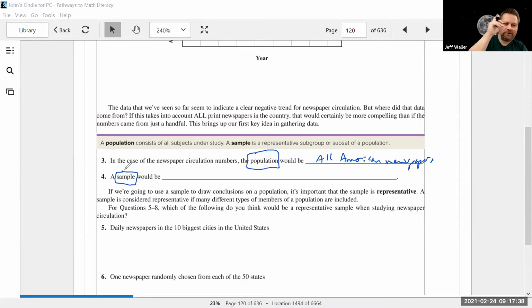The old put them in a hat. Sort of like picking somebody to sacrifice, put a lot. Let's not do that. So a sample could be drawn out of a hat. A sample would be a subgroup of the population, and one way you could do it is to pick out of a hat. That's one way we could do it.